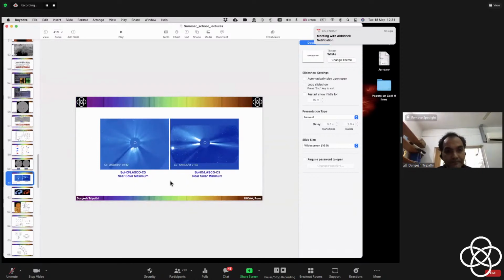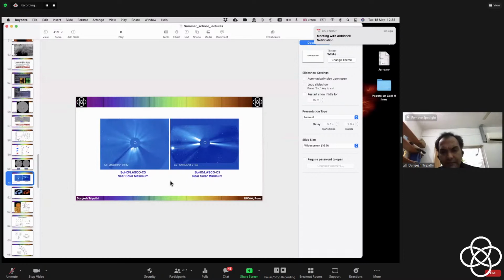If we compare these two movies, the impression I get is that on the right hand side, which corresponds to near solar minimum, there are some very outstanding CMEs popping out from the solar disk. So could you comment on the possible link between solar minimum or near solar minimum and powerful CMEs or space weather events?